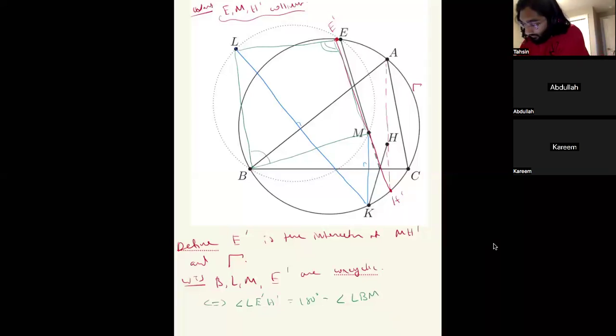We started with this K and we just reflected it twice. That's all we did, and that's how we get L and M. So it should be very easy to calculate LBM. In fact we can do it. Do you see how you would do it?